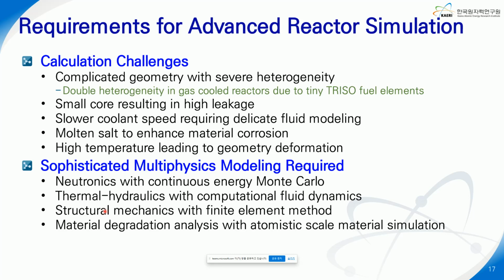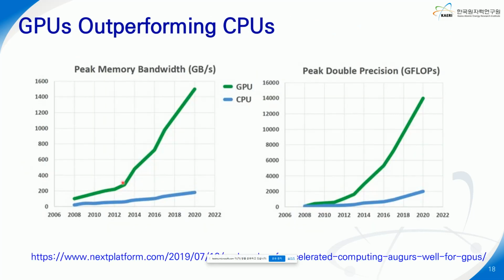All these calculation models require enormous computing power. Fortunately, the GPUs, which outperform CPUs, can be effectively used to mitigate the enormous computing power requirement for high fidelity analysis of advanced reactors.